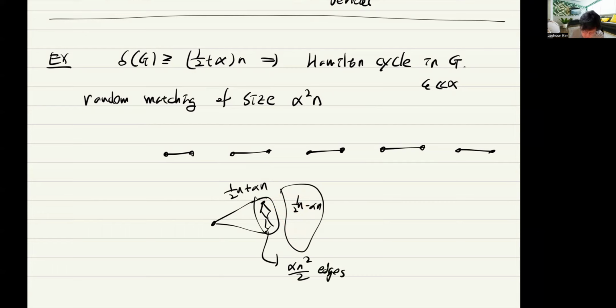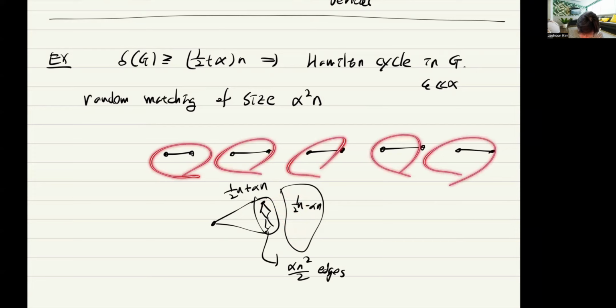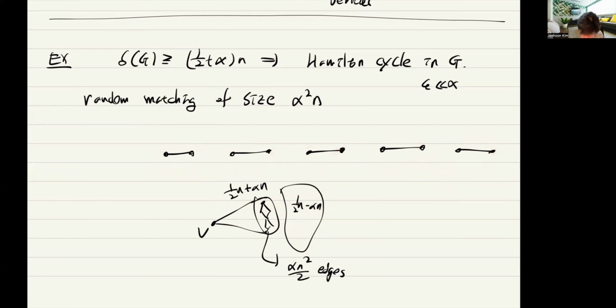Okay, but what do you know now? This means that if you randomly choose edges, then for a vertex v, the probability that some of the edges here are chosen is high, so with the Chernoff bound, many edges here must be chosen.